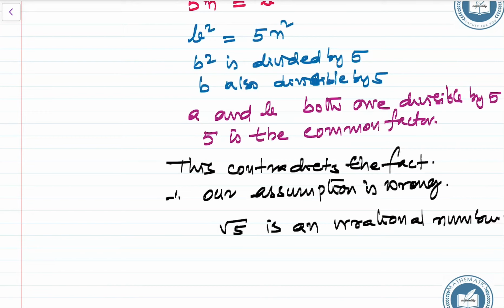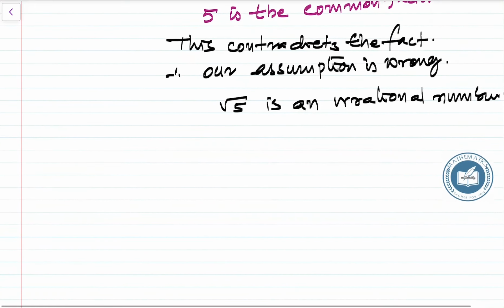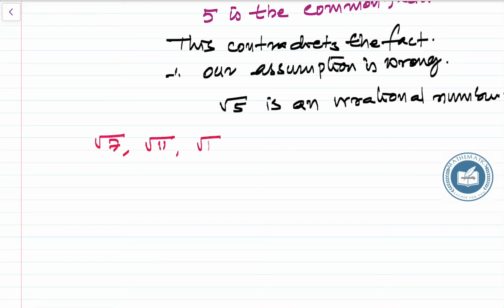Not only root 5, here root 7, all the prime numbers, root 11, root 13, root 19, and so on, are irrational numbers.